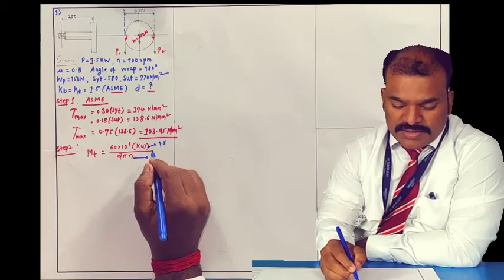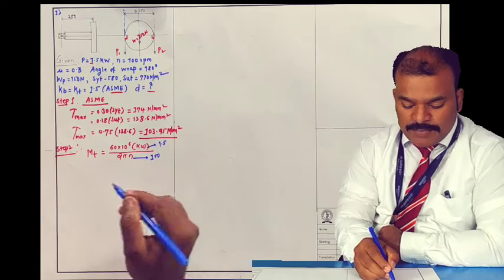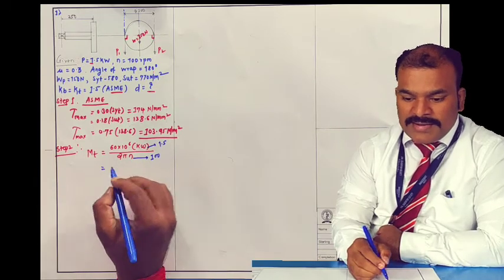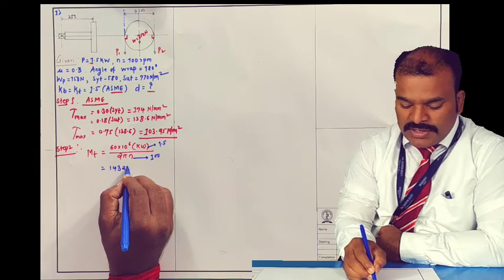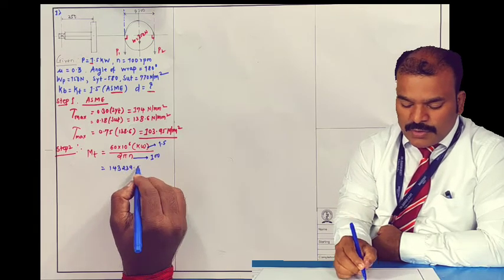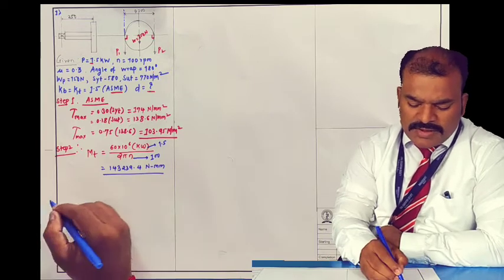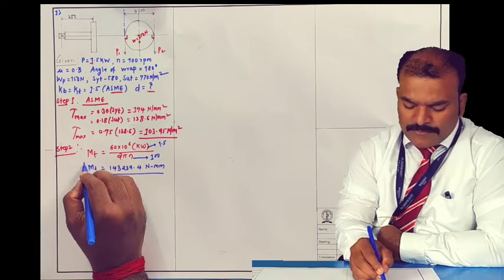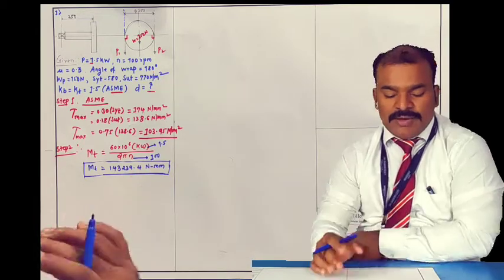RPM is given, around 100. By putting in these values, I get MT as 143,239.4 Newton mm. This will be the value of MT. Correct? So this was step number 2, to calculate MT.